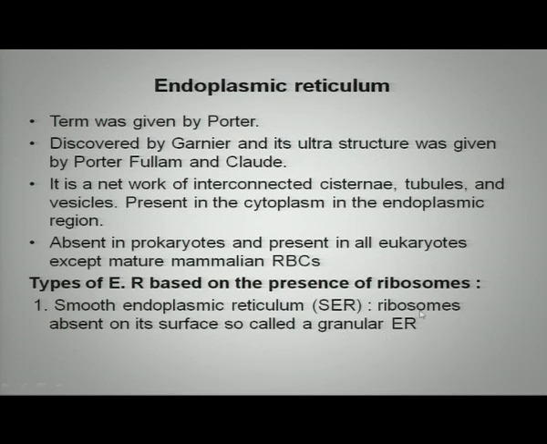The granular spherical particles are the ribosomes. If ribosomes are present on the surface of endoplasmic reticulum, then we call it rough endoplasmic reticulum. And if ribosomes are absent on the surface, then we call it smooth endoplasmic reticulum.